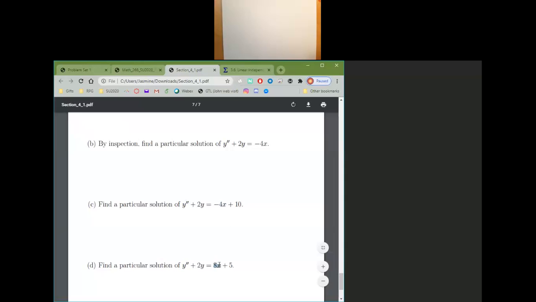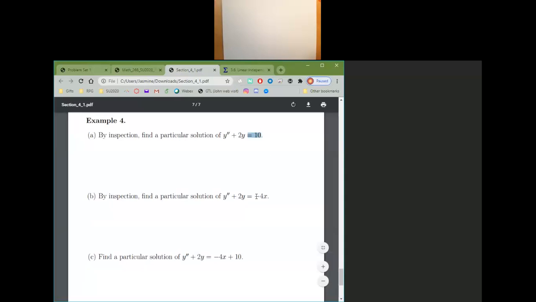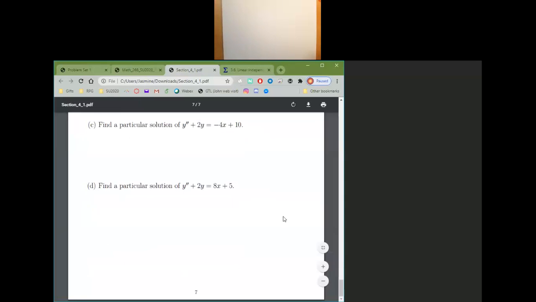This turning a -4x into 8x and 10 into 5, right? Just because these are separate with the constant and the variable, I know that you can do that. Okay, any questions?